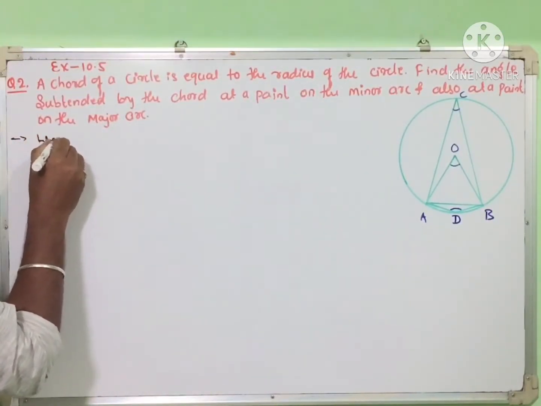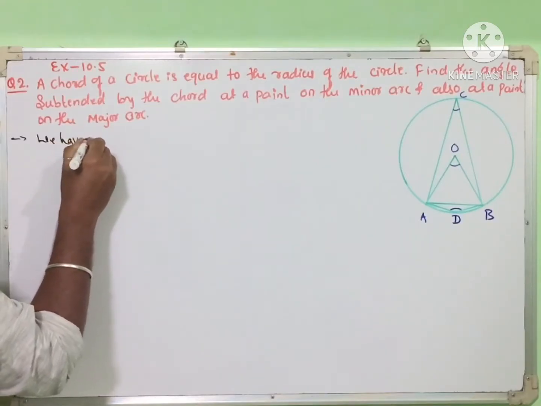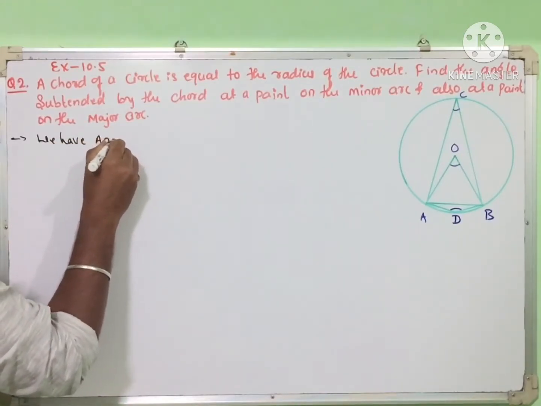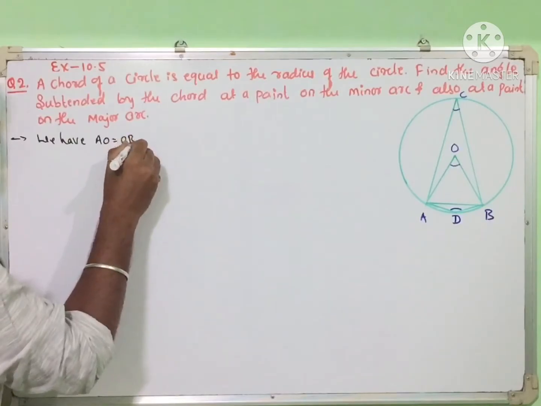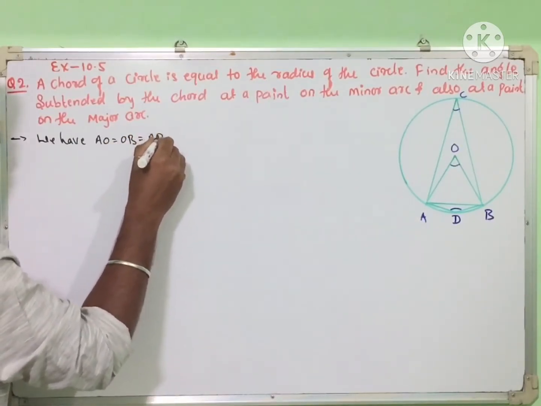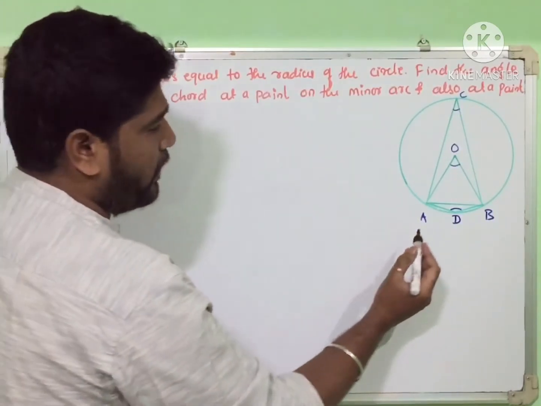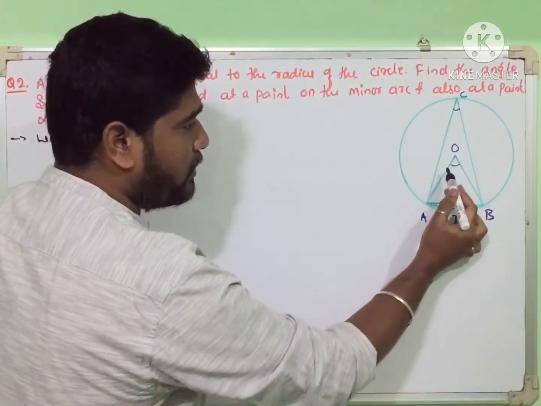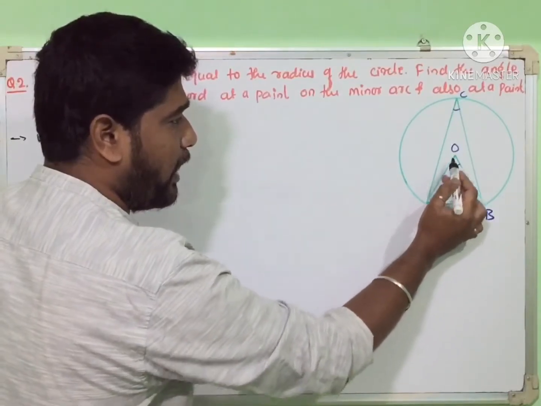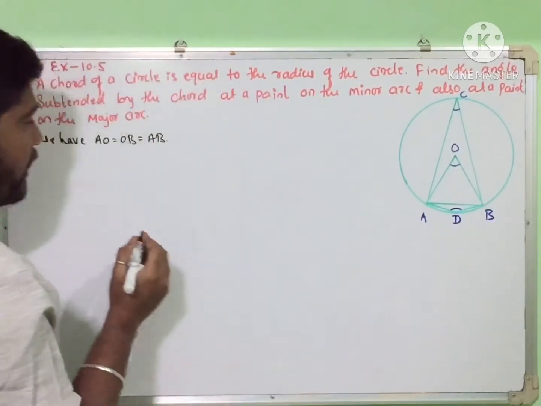So we have AO is equal to OB is equal to AB. This much they given, right? So observe here, in this triangle all sides are equal, means the triangle AOB is an equilateral triangle.